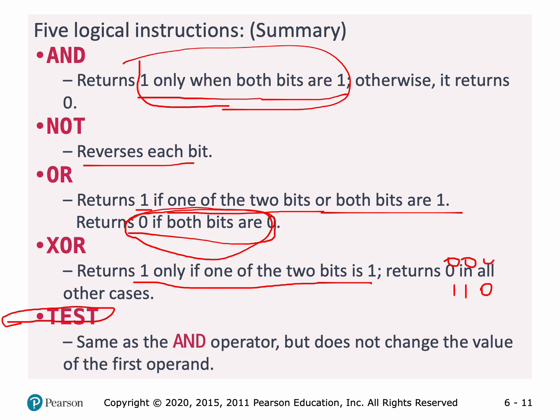Both of these are going to be 0. And then we're going to look at the test. The test instruction is going to be just like the AND instruction, except it doesn't affect your first operand. It's like you test it with the AND, but you don't make any changes to that register or memory location in that first operand.